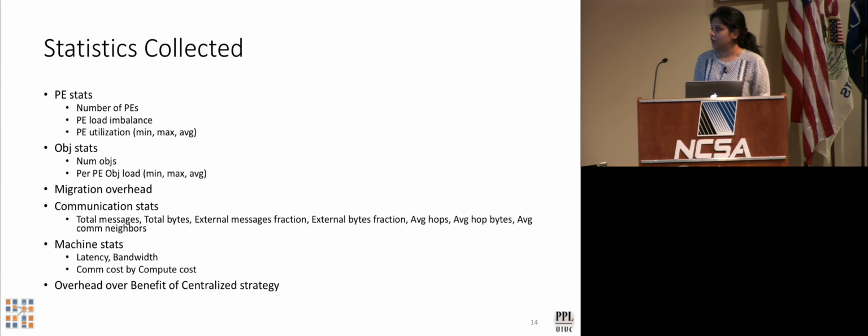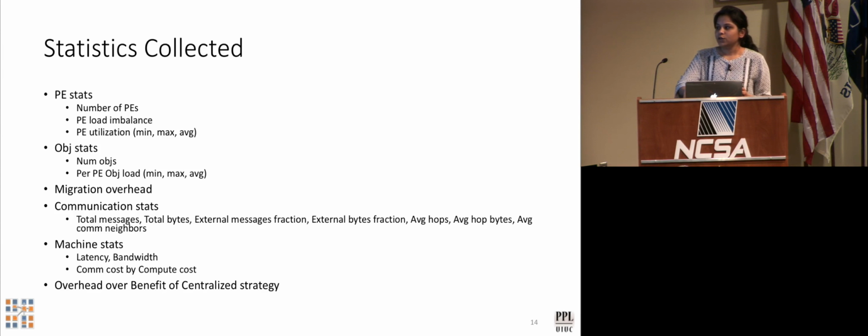We also look at the average hops because it's something important as you go between different topologies. Machine statistics are also important, primarily to do with communication bandwidth and latency, which would affect the communication cost on that supercomputer.